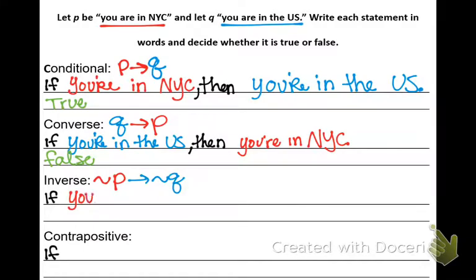You are not in New York City. Then we always write the word then. And then the negation of our conclusion. You are in the United States, so the negation of that is, you are not in the United States.